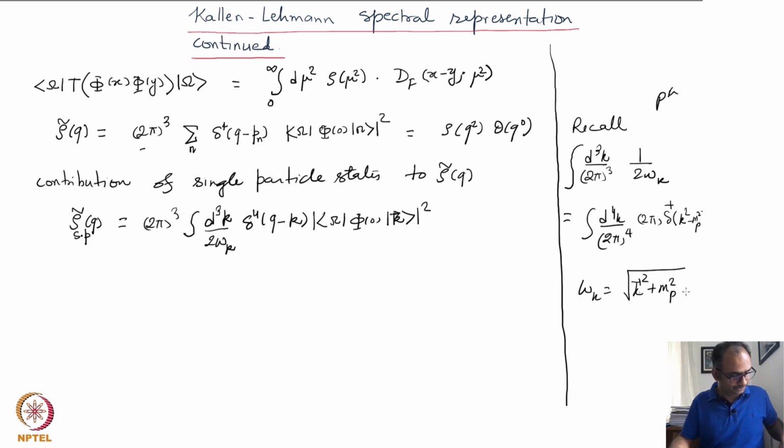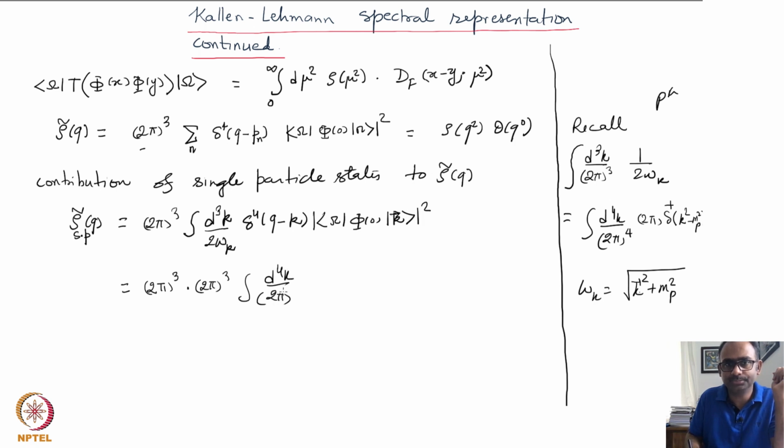Here omega k is the same object. So this I can write as 2 pi cube times, since you have 1 over 2 pi cube multiplied here, another factor of 2 pi cube, times d4k over 2 pi to the 4, times 2 pi delta plus of k square minus mp square.